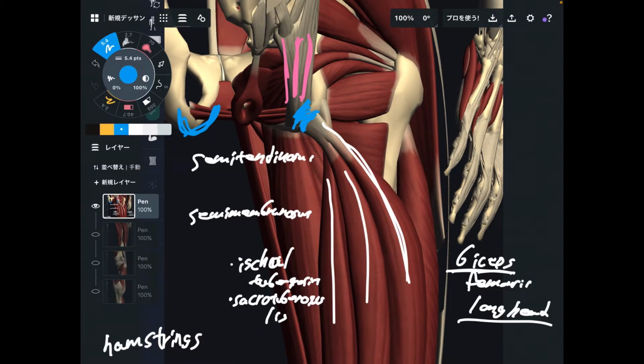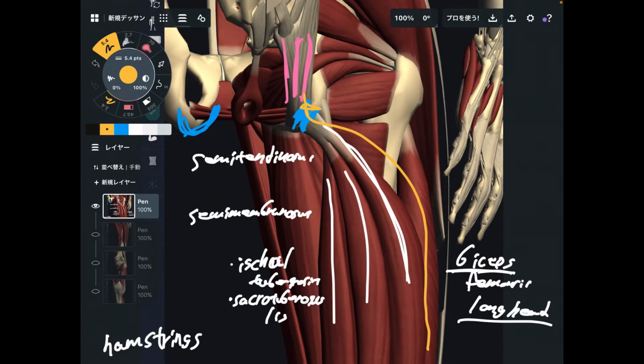This is very important to understand the myofascial connection of hamstrings to the low back. Because think about it, hamstrings go to the knee joint, which I will explain later. So you can follow the myofascial connection from knee to hamstrings to pelvis. Then don't forget, biceps and semitendinosus attach to the sacrotuberous ligament.